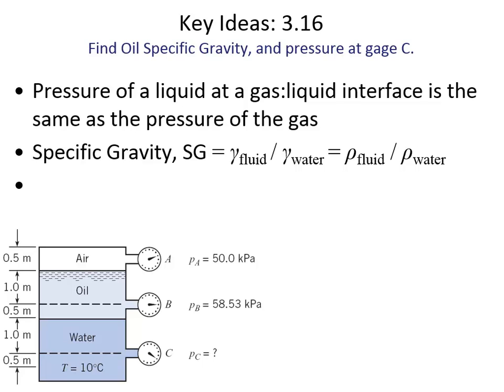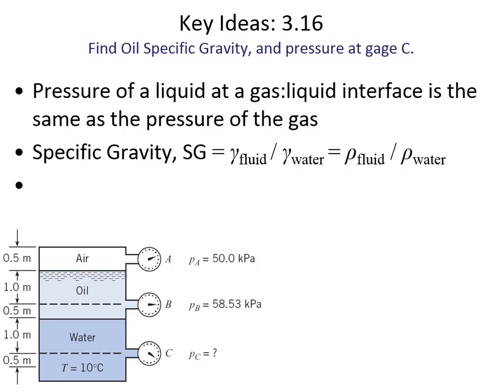One of the things I'll mention is that usually for gases, we don't bother keeping track of the pressure change when we're just going a small distance through a gas. Do you notice how they're measuring the pressure at the center line of the air tank? Well, the pressure here they're saying is 50 kPa. And what have I told you before about when you go down through a fluid, the pressure increases.